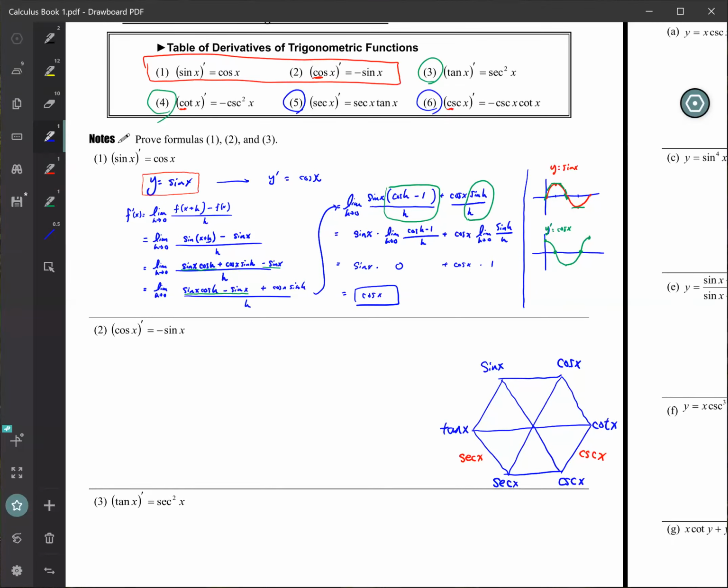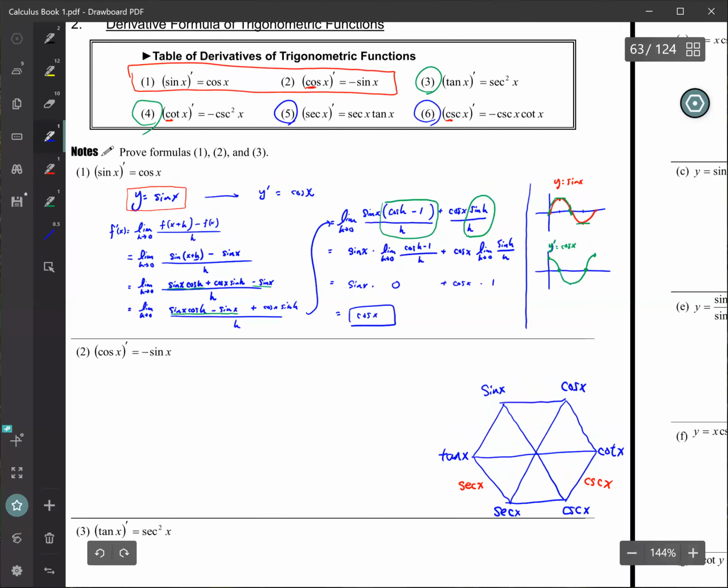The only difference between this hexagon and the one you saw in grade 12 is the red. So we just added extra things. Please raise your hand if you finish drawing the hexagon. And then I'm going to explain how that relates to the six rules.